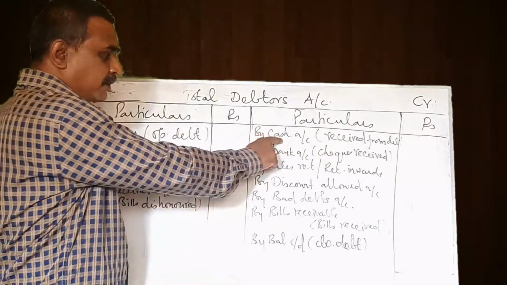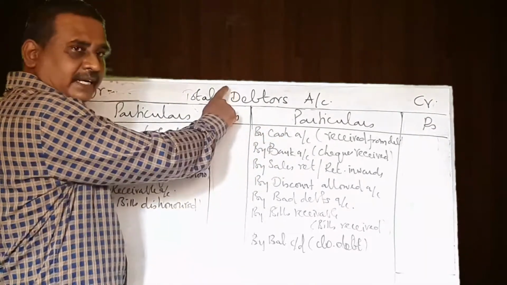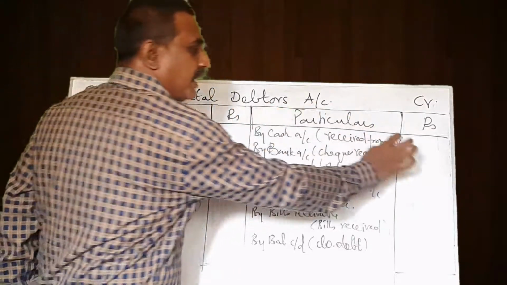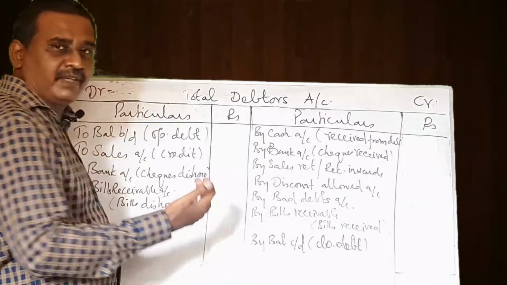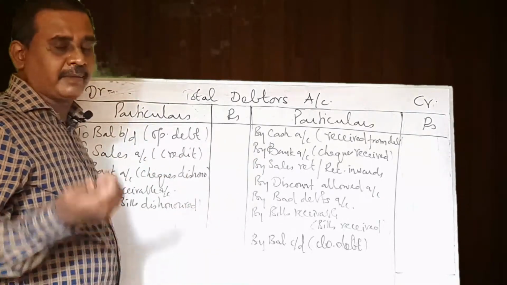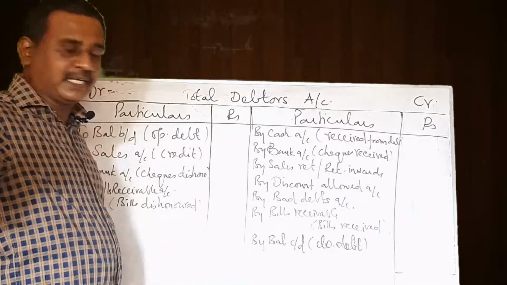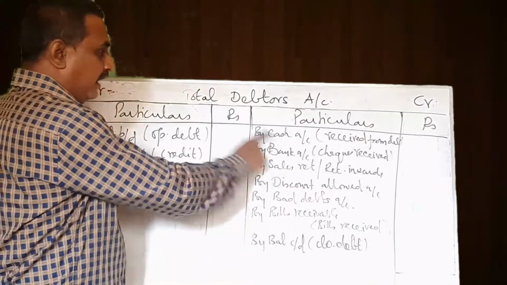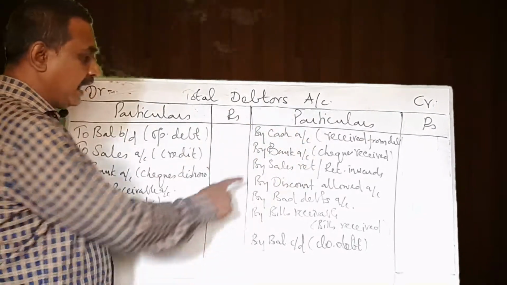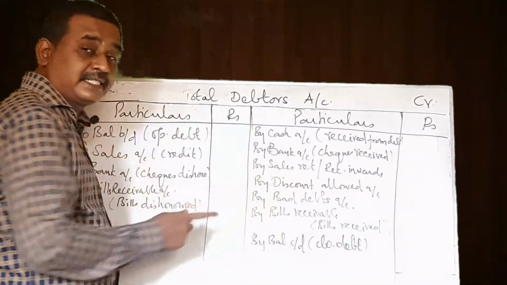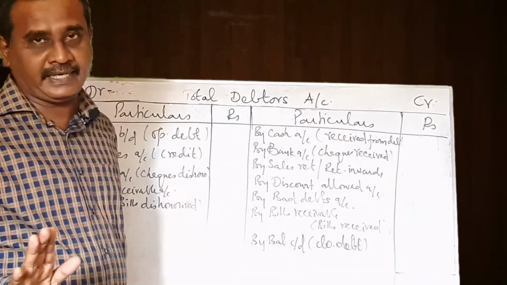We need not worry about the cash account. Leave that. We have taken the debtors account and we have come to the credit side. In this way, cash account, bank account. When we receive a cheque from the debtors, we have to credit the total debtors account by bank, cheque received. Like that, sales return. Sales return is also called return inwards.